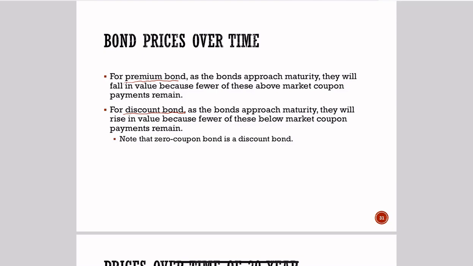So you will ask for some discount in the bond price. But as time goes, as the bond approaches maturity, fewer and fewer of these below market rate coupon payments remain. So this implies that the bond price should increase as the bond approaches maturity.